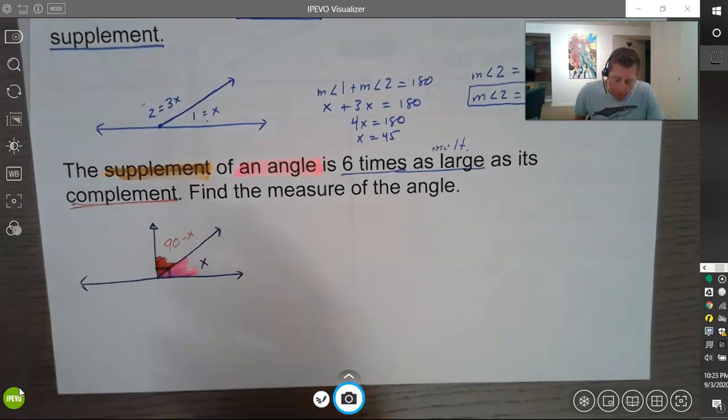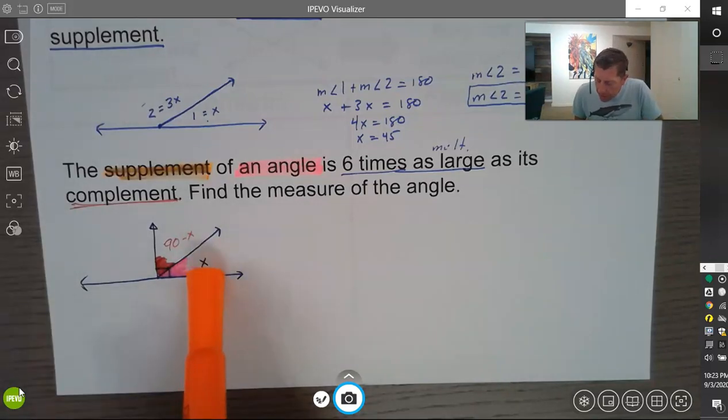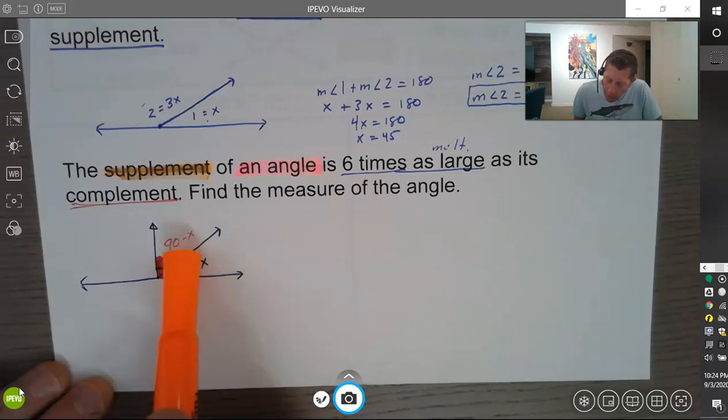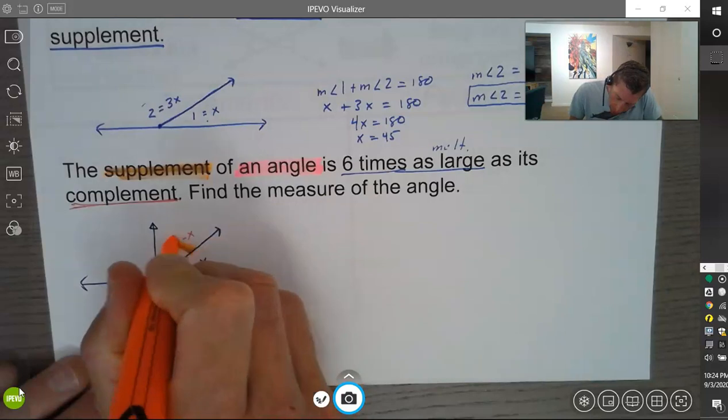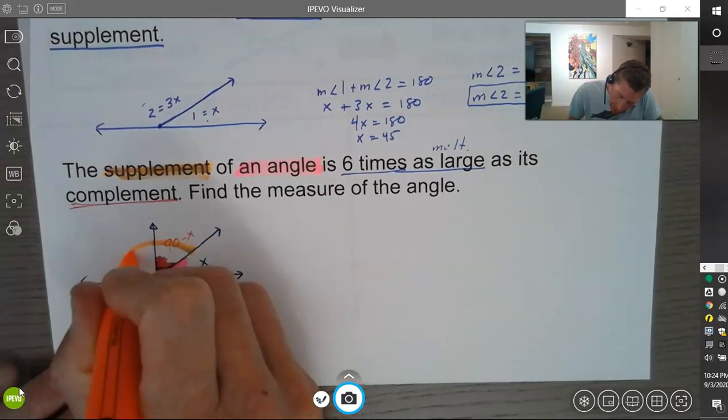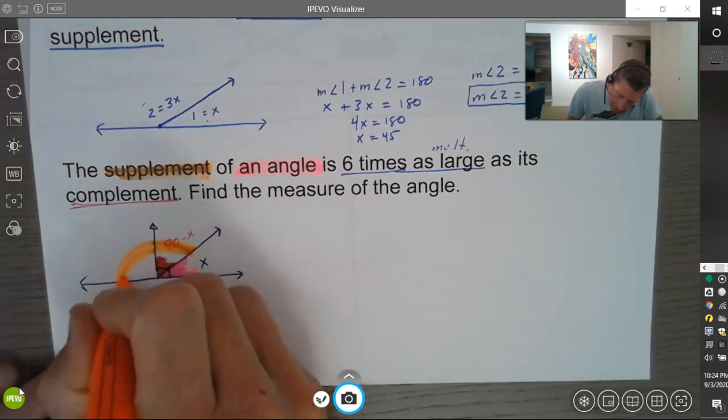The supplement of an angle, that's going to be in orange. Now, if we're starting out with our angle as x, the supplement is going to be this angle, and then whatever it takes to get to 180 degrees. So it's all of this right here. This whole thing is going to be the supplement to that angle.